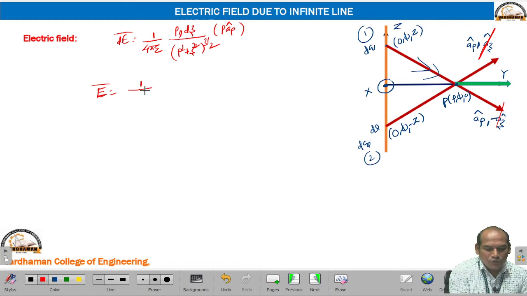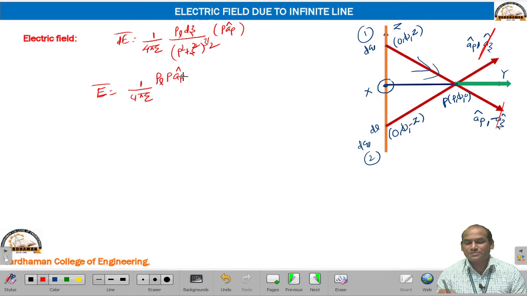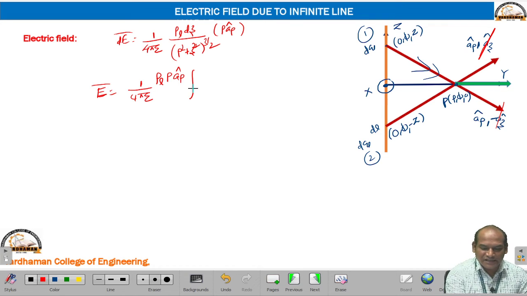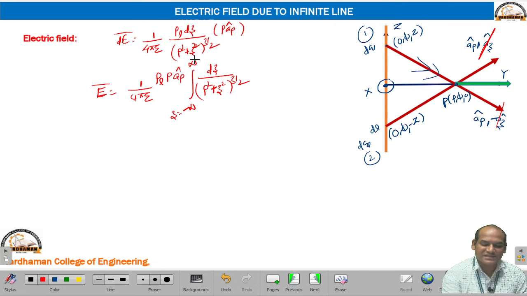So, here 1 by 4 pi epsilon is constant, rho L is uniform, it is also constant, and rho is also constant, arrow is also constant. Because we are doing the integration with respect to z, the terms which involve z are variables, remaining all are constants. So, integral dz by rho square plus z square whole power 3 by 2, and z is changing from minus infinity to plus infinity.